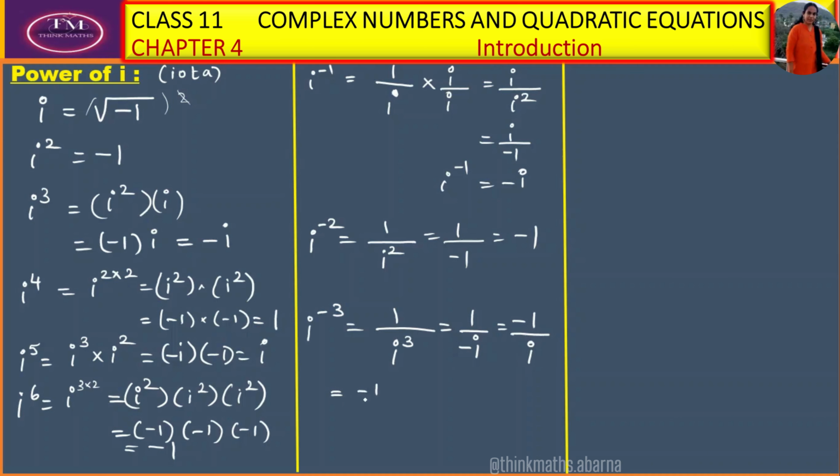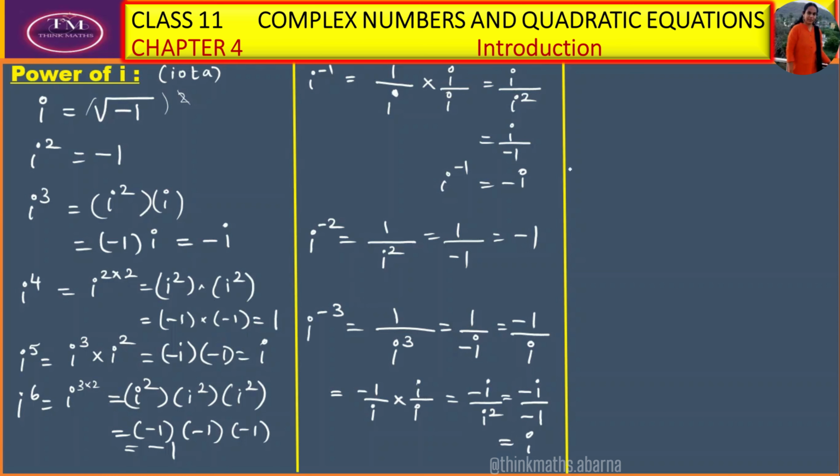So minus 1 by i into i by i. So minus 1 into i is minus i, and i into i is i square. i square is minus 1. So minus i divided by minus 1. Both the negatives get cancelled. i by 1 will be i. So i power minus 3 is i.